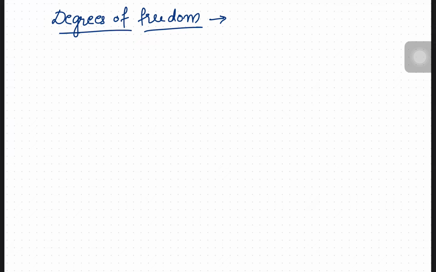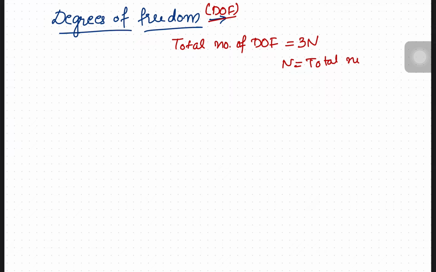a space. So total number of degrees of freedom, I am writing DOF, we have 3n, where n is the total number of atoms in a molecule.